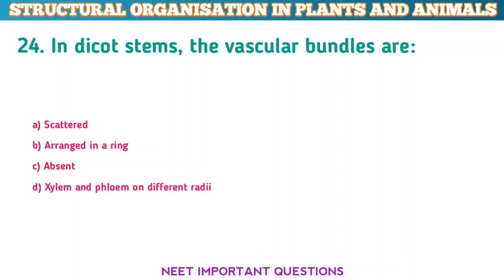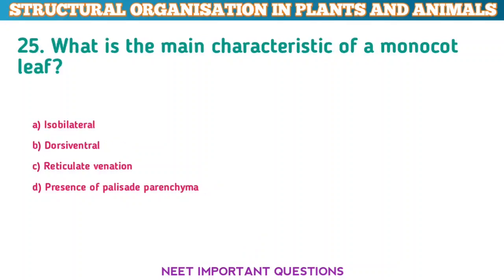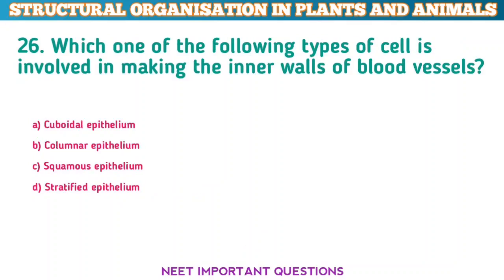Answer. B. Arranged in a ring. 25. What is the main characteristic of a monocot leaf? Answer. A. Isobilateral.